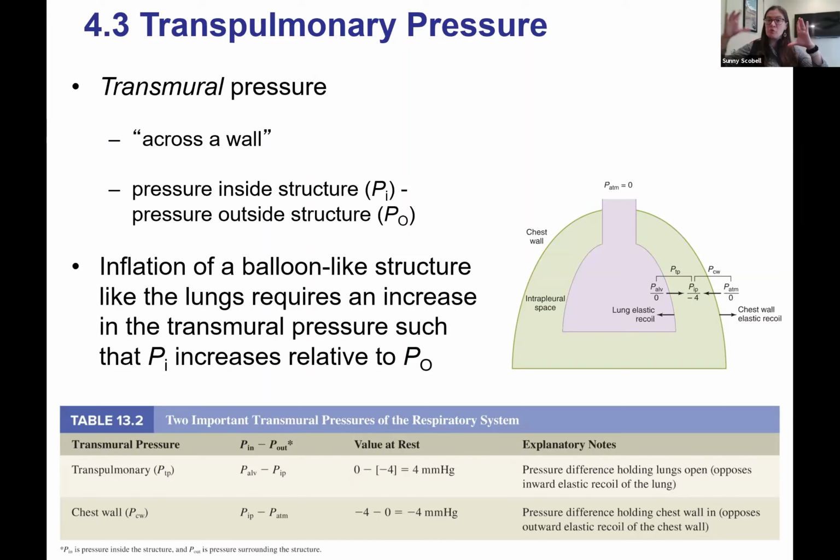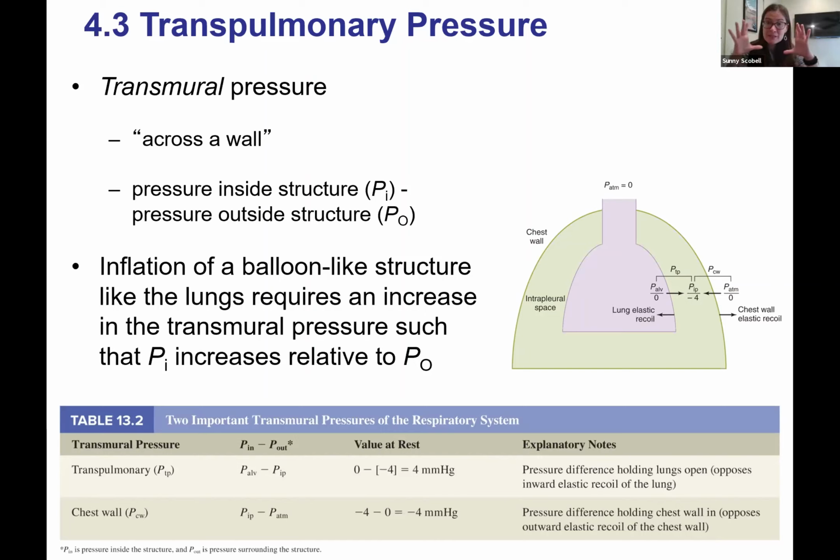And because of Boyle's law, we know that the pressure inside that container is then going down. We made the volume bigger, the pressure goes down. And then if we open up the mouth and attach that to atmosphere, the pressure of the atmosphere is going to be greater than the vacuum, the low pressure we just made inside the lung, and air is going to flow in.